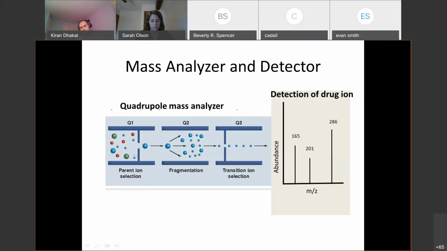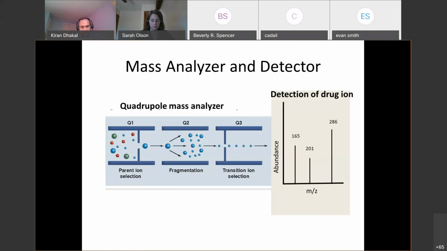You can tell the instrument, there are thousands, millions of ions formed in the ionization part, but just take morphine, or just take a THC molecule, which has a charge of this much. It will typically take that one selected parent ion into the second chamber, Q2, where we apply a certain amount of energy to fragment that molecule.